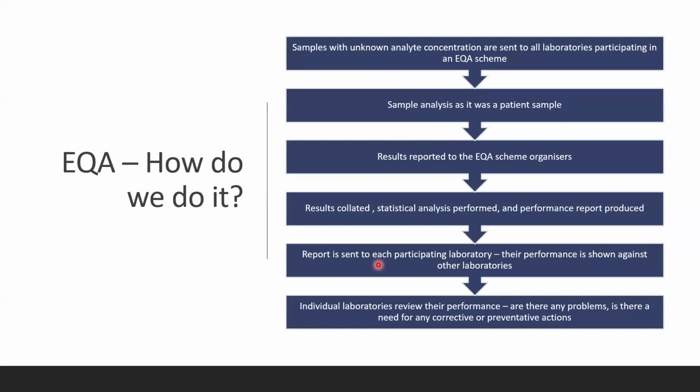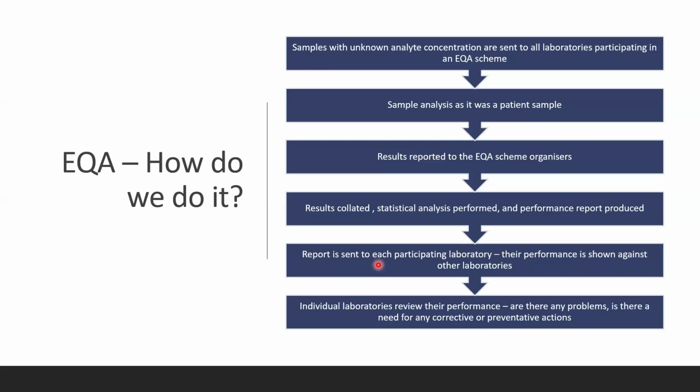The EQA agency sends samples with unknown analyte concentration to all the laboratories participating in a particular EQA scheme. The receiving laboratory runs these samples as if they were patient samples, and reports the results to the EQA scheme organizers. The organizers then collate the results from all the participants, perform the statistical analysis and produce a performance report.